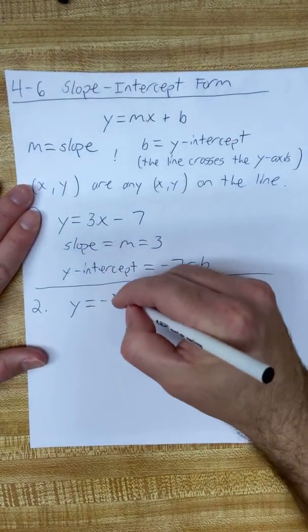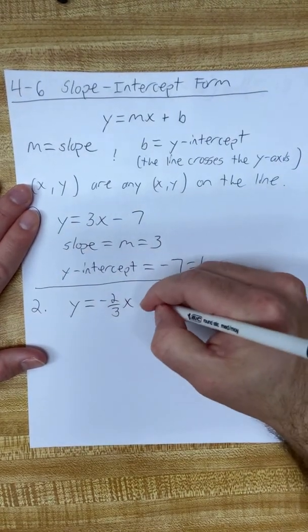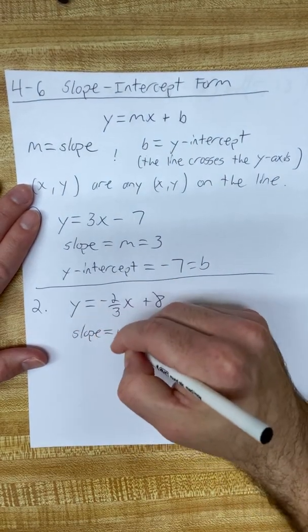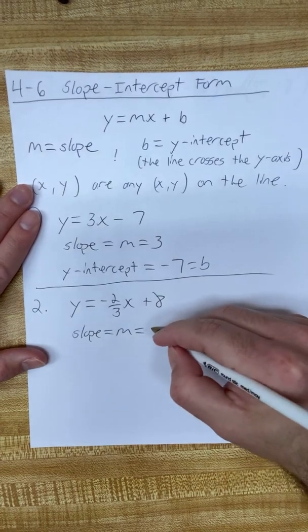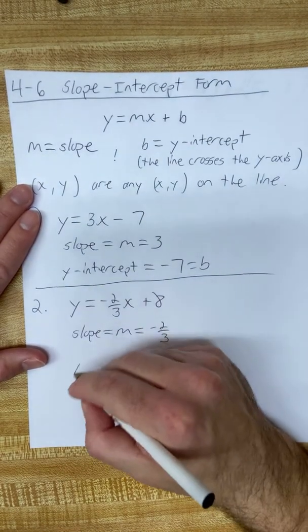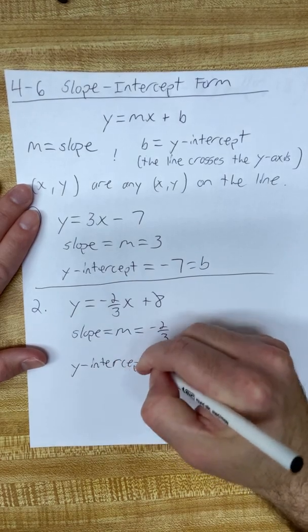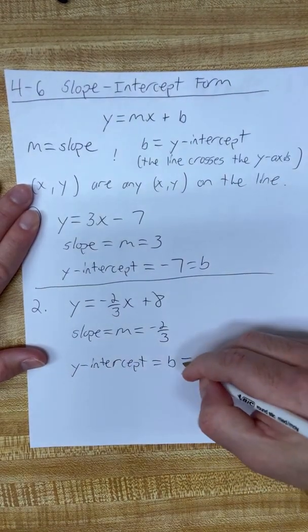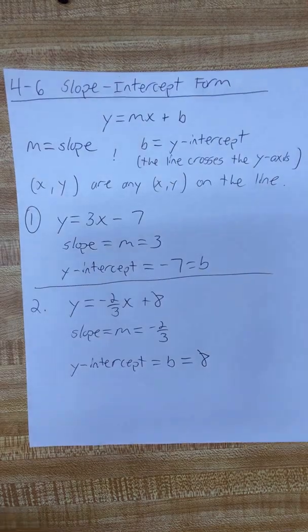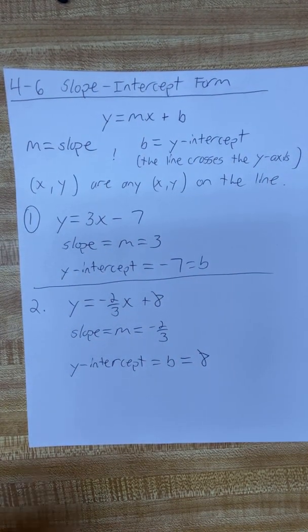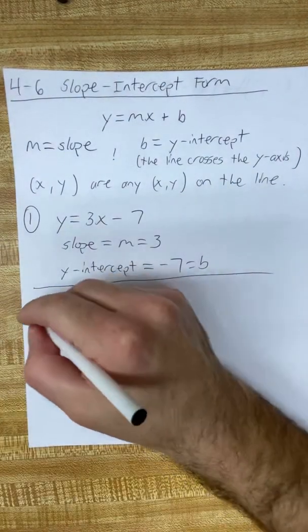So if we had like negative 2/3 x plus 8, my slope here, again, is m, is negative 2/3, and my y-intercept, which is b, is 8. Okay, so that's just identifying your slope and y-intercept on this stuff.